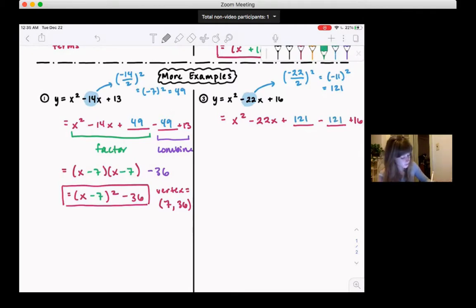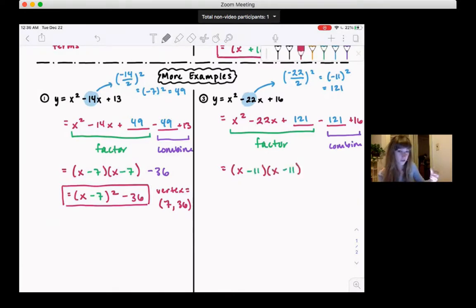And then we need to factor these first three terms and combine our like terms. So our trick to factoring is that the numbers in the factors are the middle number divided by 2. So we would get x minus 11 times x minus 11.